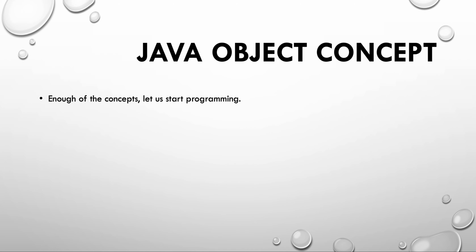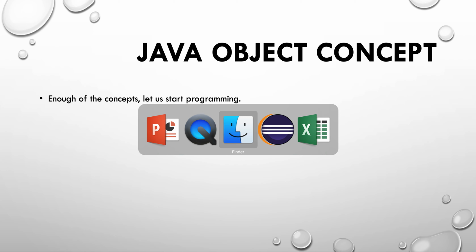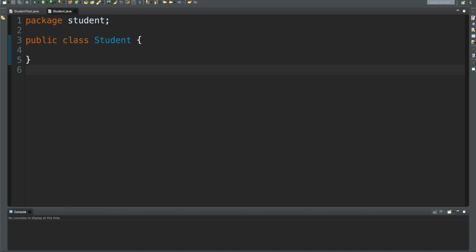Okay, enough of the concepts. Let's start programming then. Let's open our Eclipse or any IDE you have. Now let's create a class called Student. Every student has attributes.